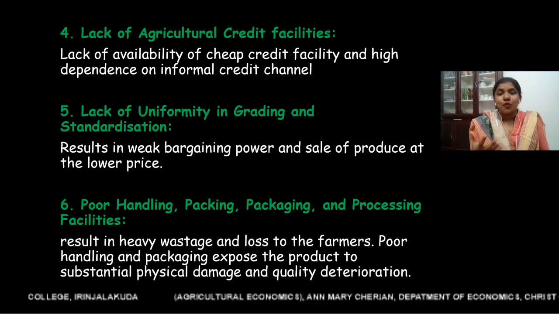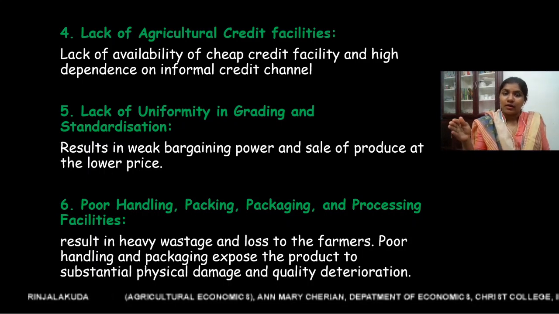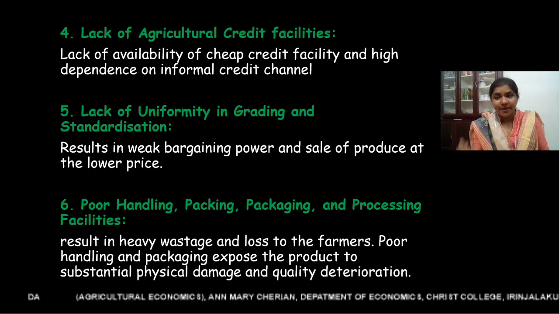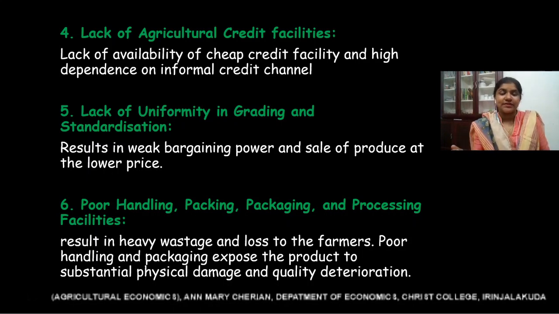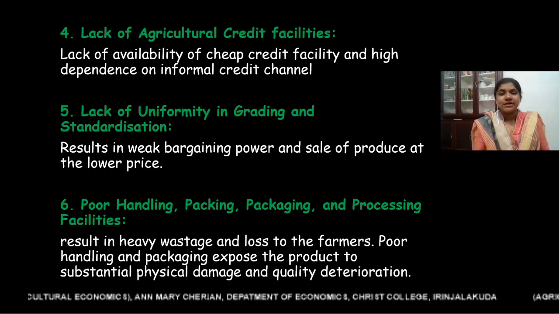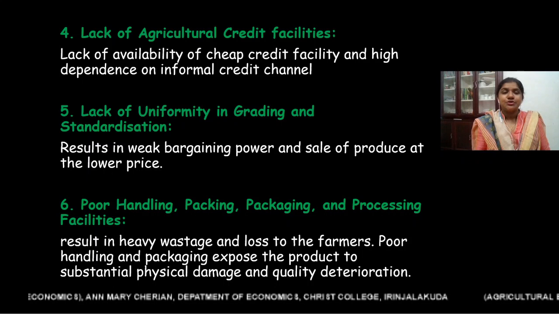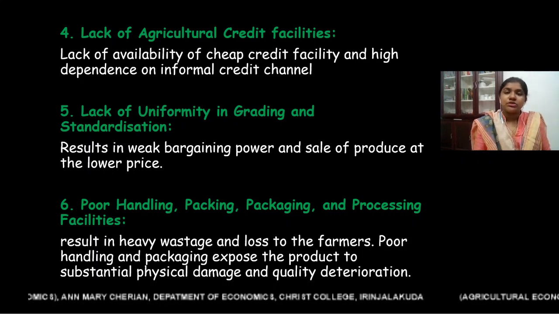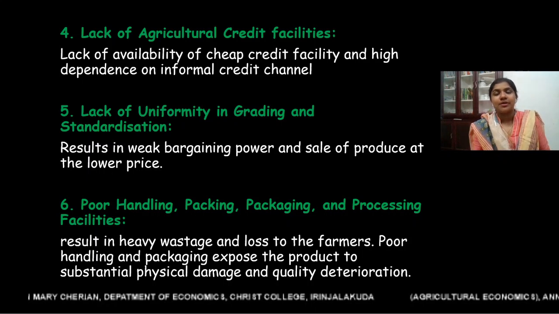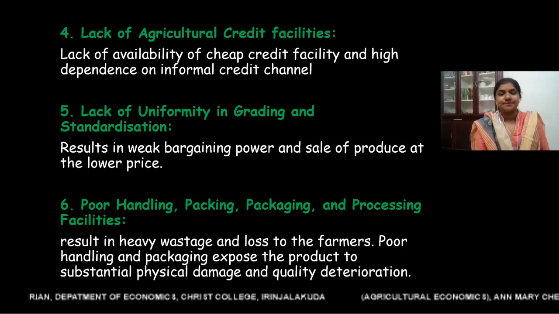So farmers are forced to sell their products at the earliest to repay the money lenders, because money lenders are charging very high interest rates. So in order to avoid heavy interest charges, farmers are selling their products at the point of production. So another important issue faced by India's agricultural marketing system is lack of agricultural credit facilities.